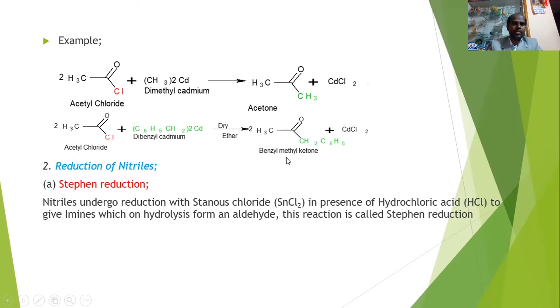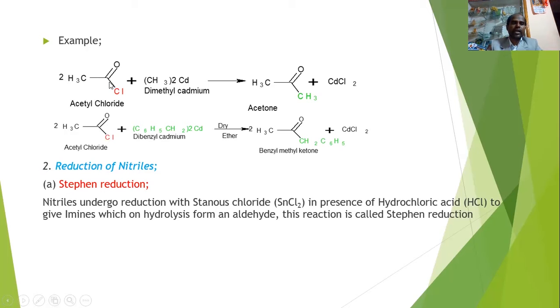You can observe that this CH3COCl is called acetyl chloride. This acetyl chloride is treated with, you can observe, CH3 twice. Twice means di. CH3 means methyl, so dimethyl cadmium. Dimethyl cadmium acts as a methyl source.